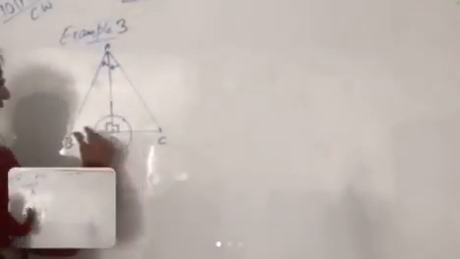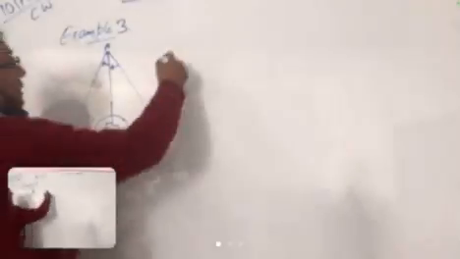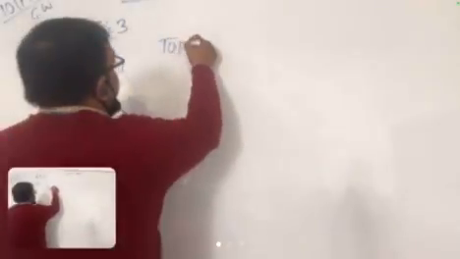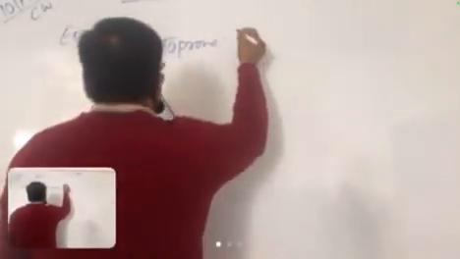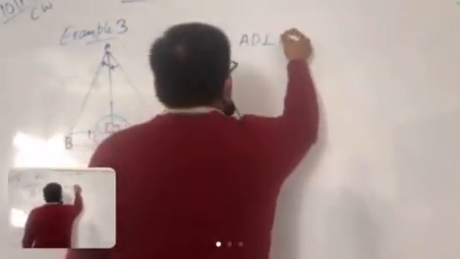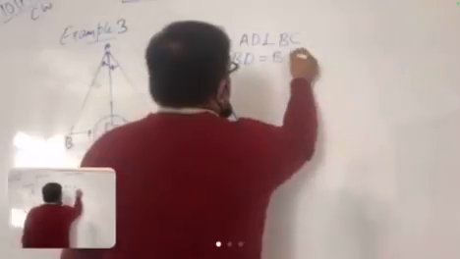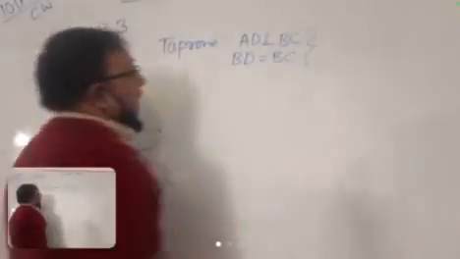One of the things is this, and the second is this. We have to prove AD is perpendicular to BC and BD is equal to DC. These two things we have to prove here in example number 3.